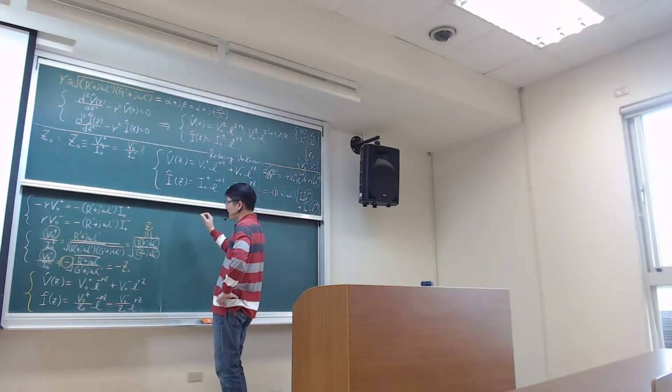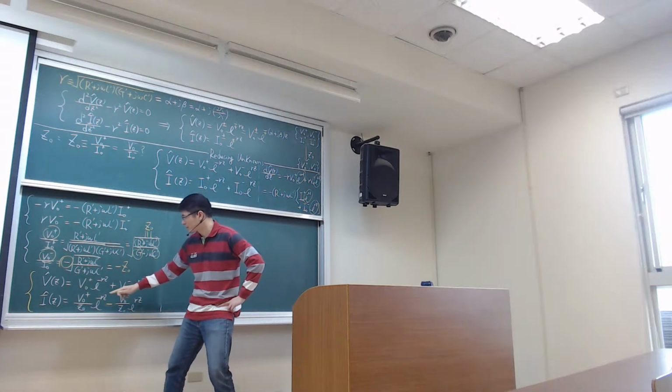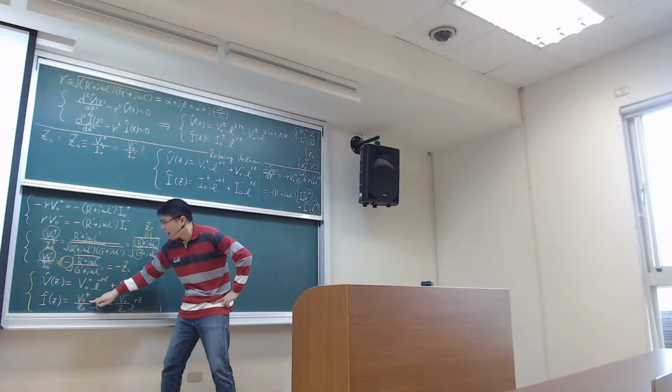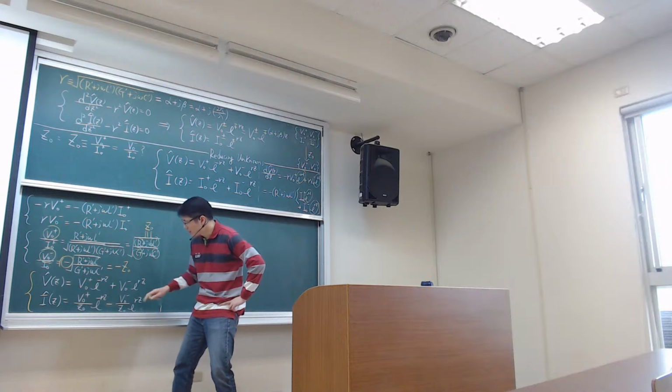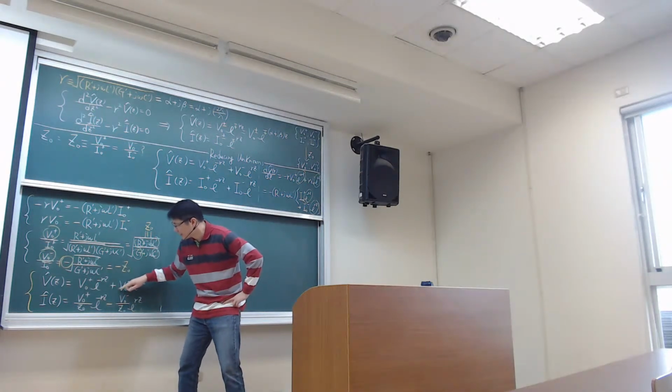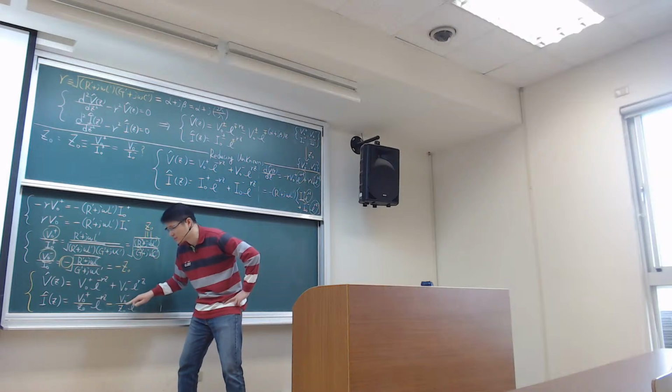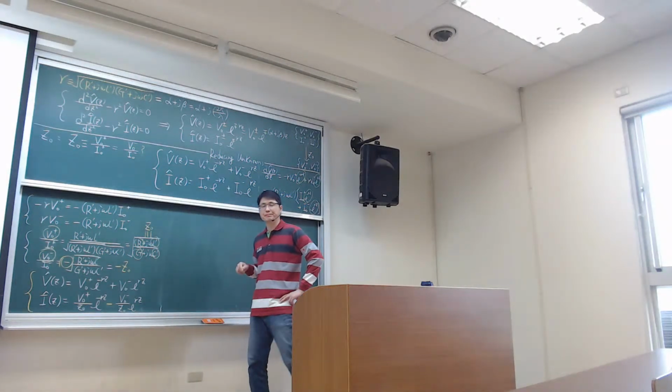So this is really saying that I0 plus is V0 plus divided by Z0. I0 minus is negative V0 minus divided by Z0, sorry.